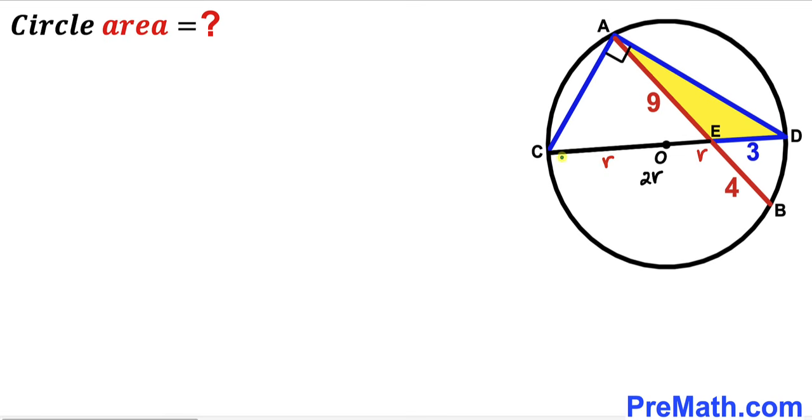And now let's make another observation. We know that this whole diameter CD is 2r, and this segment ED is 3 units. So therefore this remaining segment CE is going to be 2r minus 3. So I can write 2r minus 3. And now our task is to find the value of radius r.